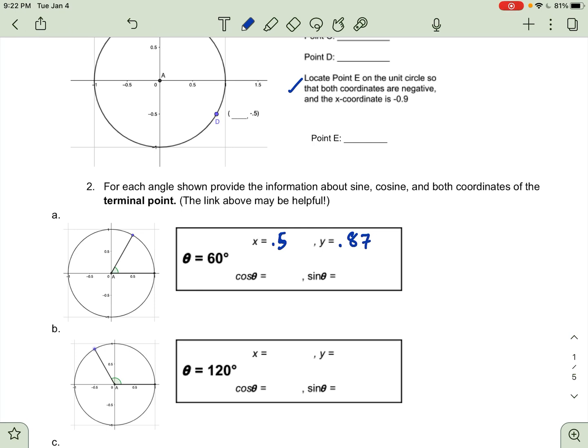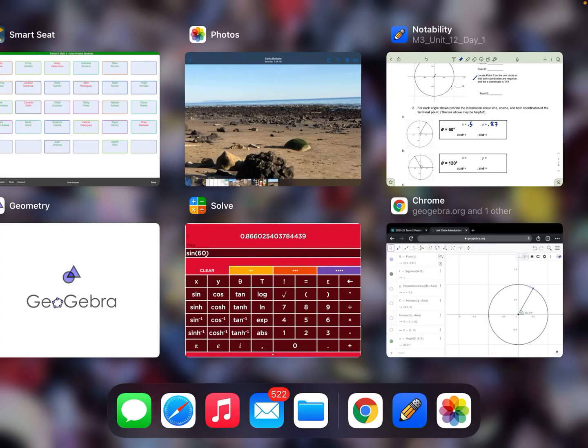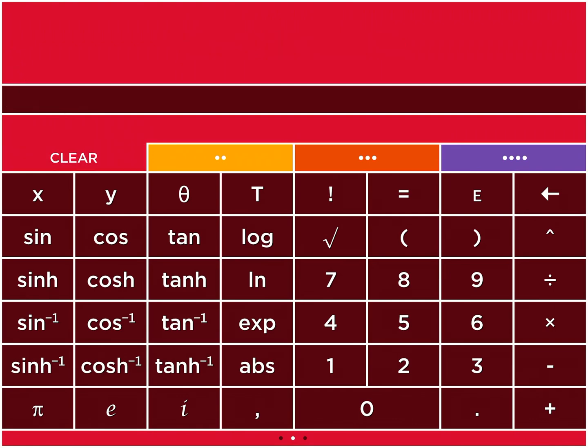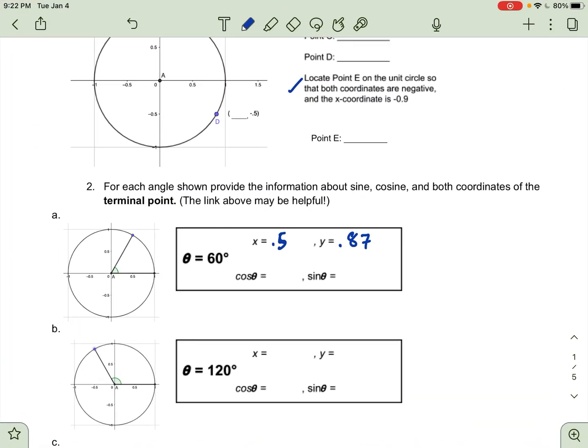The next thing is to look at a calculator and figure out the cosine and the sine of 60 degrees. All right, let's do that. Cosine of 60 degrees is 0.5. Well, that's pretty nice. Let's go back and put that in. Cosine is 0.5 again.